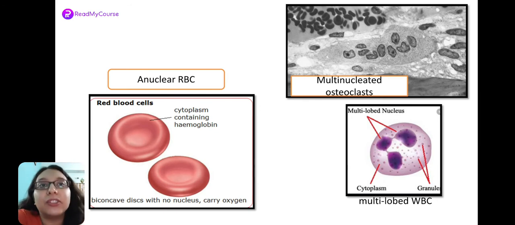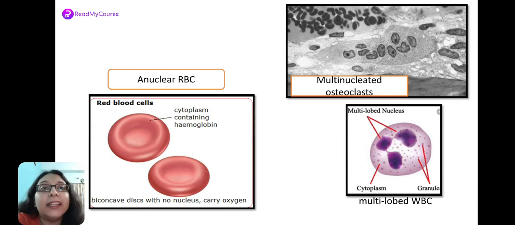Here I have just tried to explain why in some cells we don't have a nucleus. For example, the RBCs. We know that the shape of the RBCs is biconcave. Because of the absence of the nucleus, the shape can be biconcave.